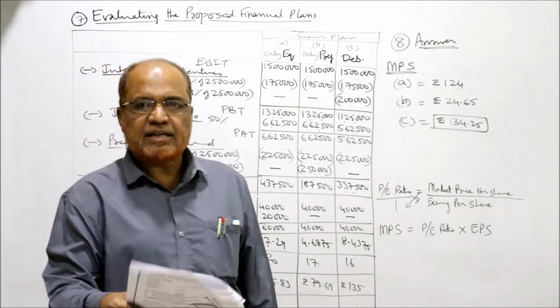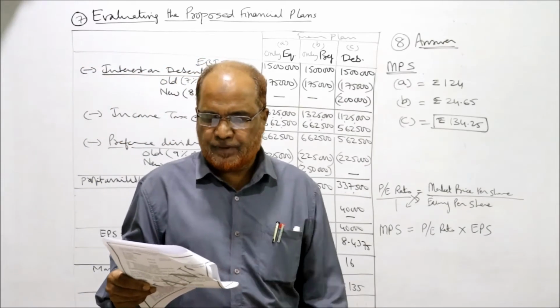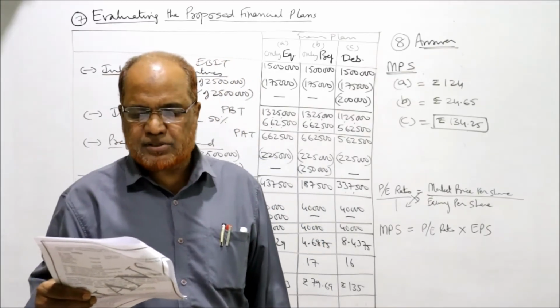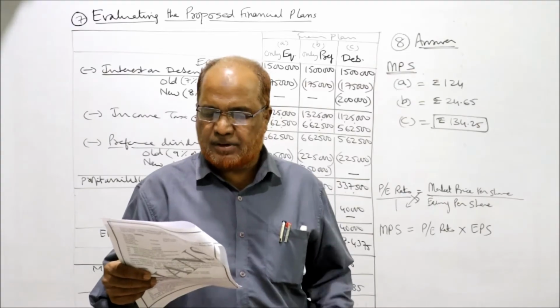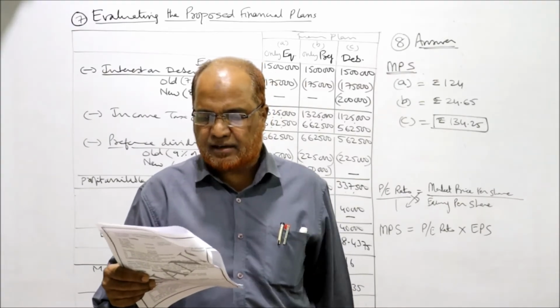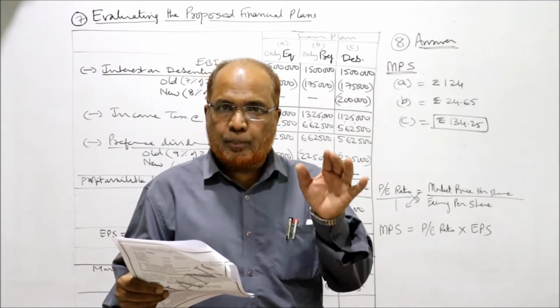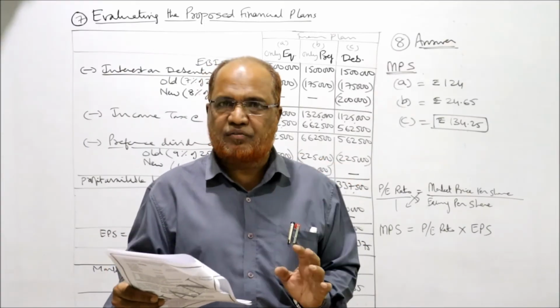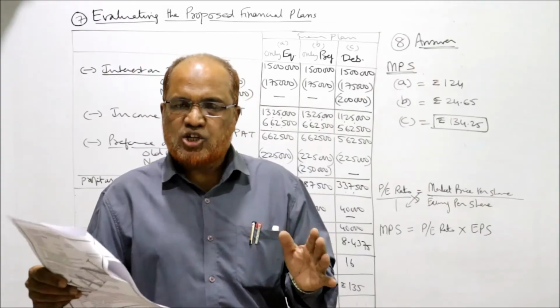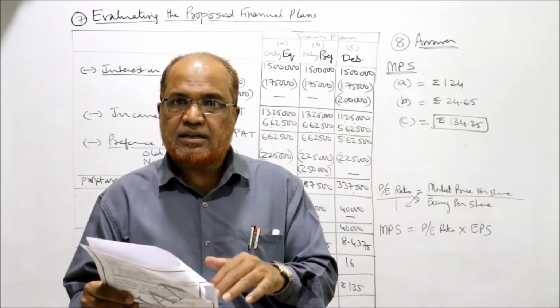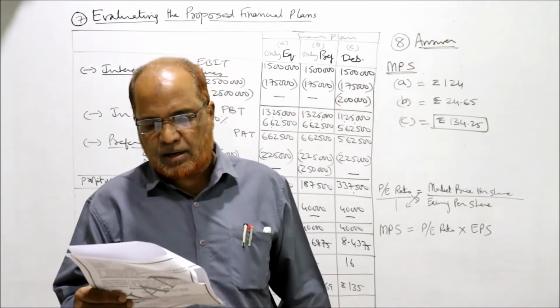Now see the ninth problem. A company's capital consists of the following: equity shares of rupees 100 each, 20 lakh, retained earnings 10 lakh, 9% preference share 12 lakh, 7% debentures 8 lakh, total capital 50 lakh. The company earns 12% on its capital. Income tax 50%.